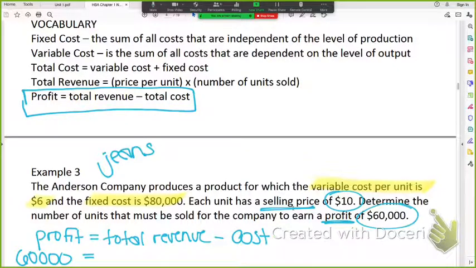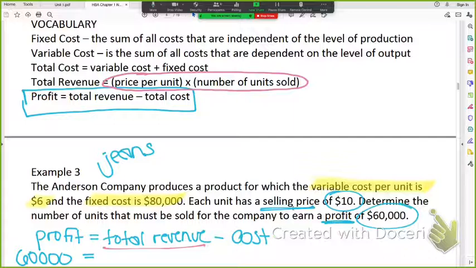Now, total revenue, I have to go back up in that vocabulary because there are multiple pieces to this total revenue business. Let's go back up here and find that. Total revenue I get by doing this: price per unit times number of units sold. So I'm going to replace total revenue with that statement right there, but I'm not going to make you write the words.